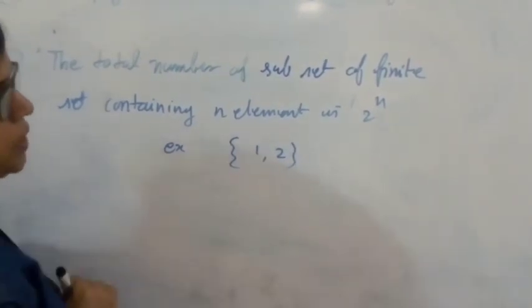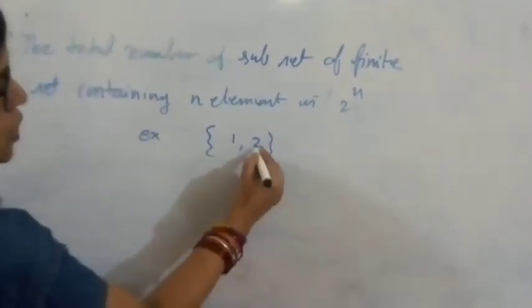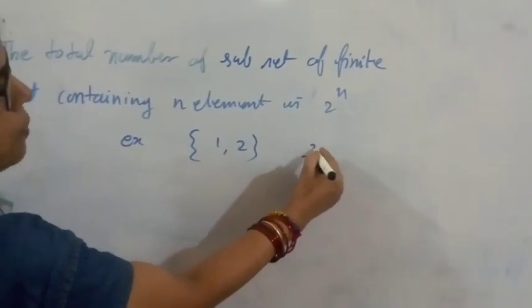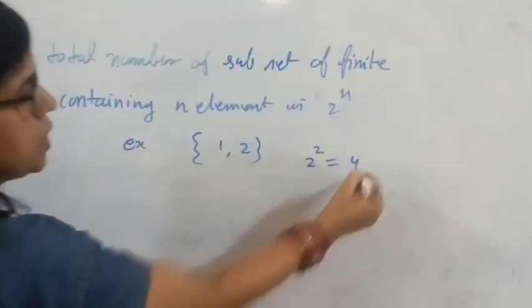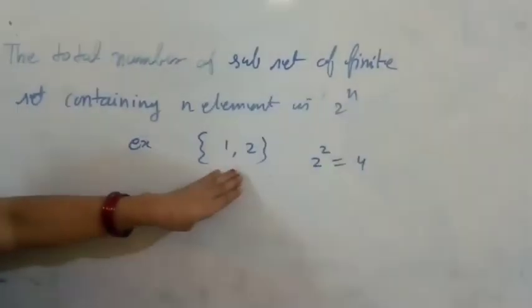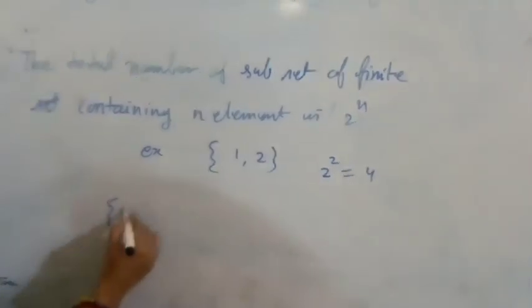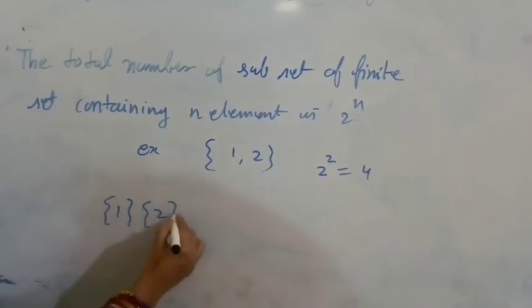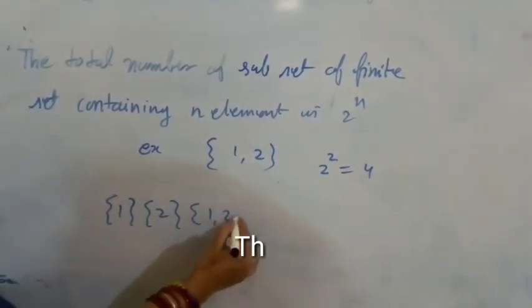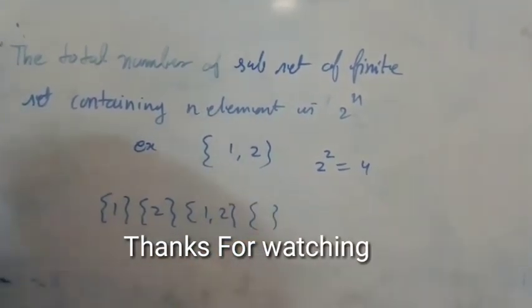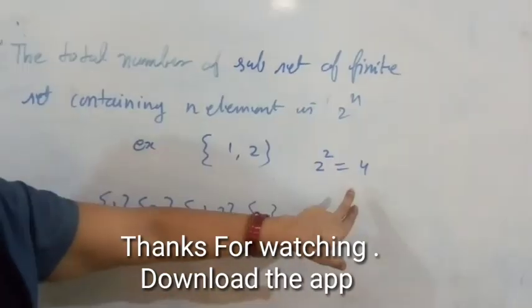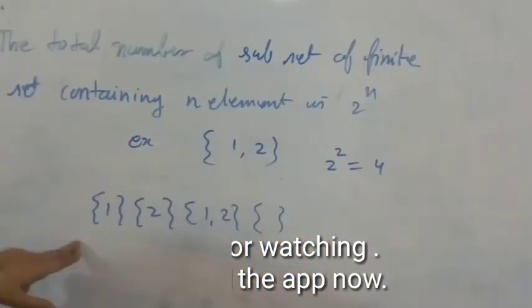How many subsets should there be? Here there are 2 elements, so 2 to the power 2, which is 4. So we can find these 4 subsets: {1}, {2}, {1, 2} and the empty set. All these 4 sets are subsets of {1, 2}.